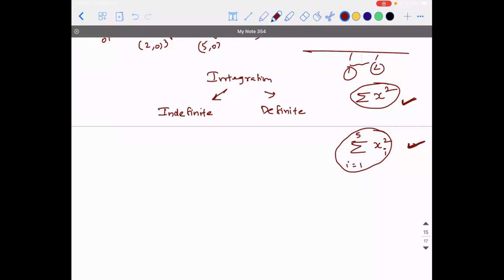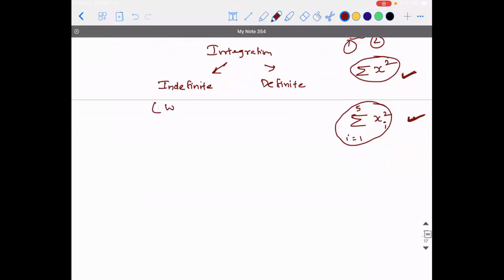In a similar way, indefinite means without limits. If you perform the operation of integration without giving the limits, we call it indefinite integration. If you do it with limits, we call it definite integration. I hope that makes sense, right?